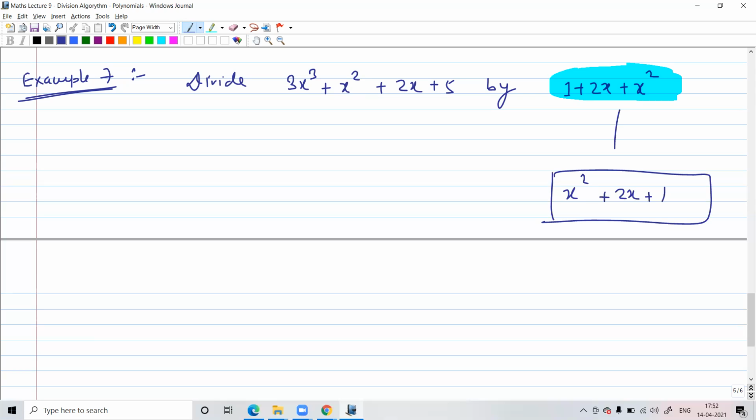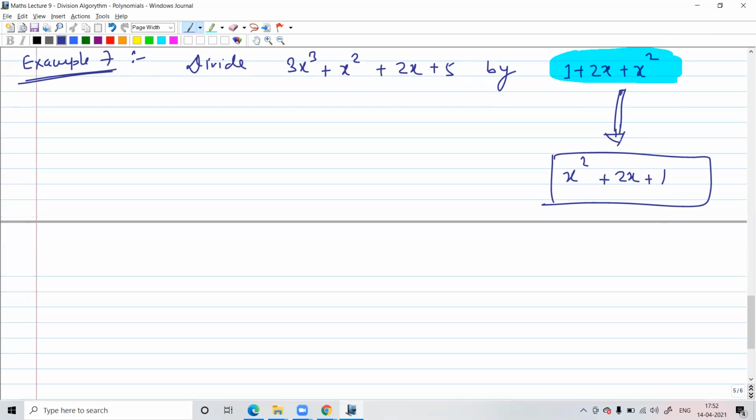Yes, sir. Okay, continue. Try to complete this. So it should be written like this: x squared plus 2x plus 1. This is your divisor. And the dividend is already written in correct order.